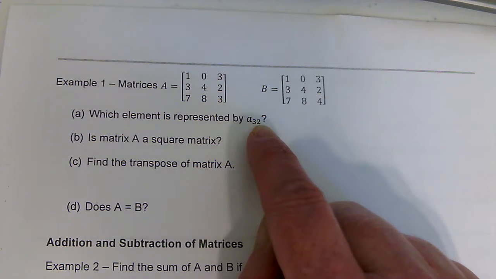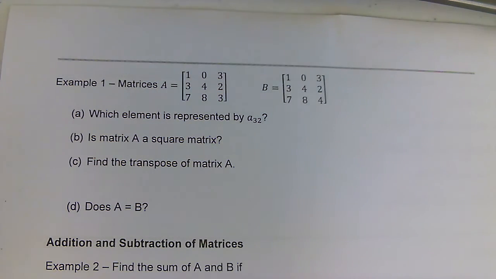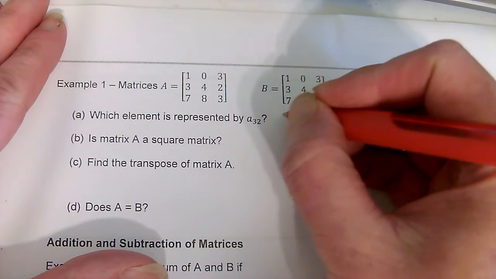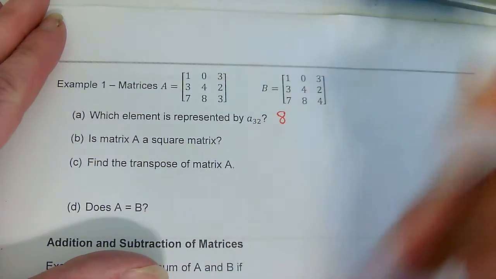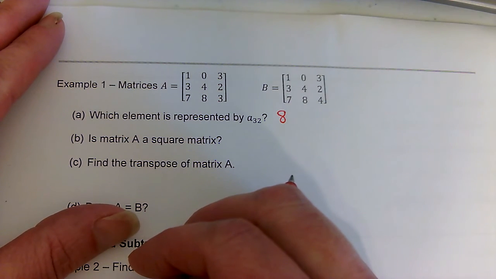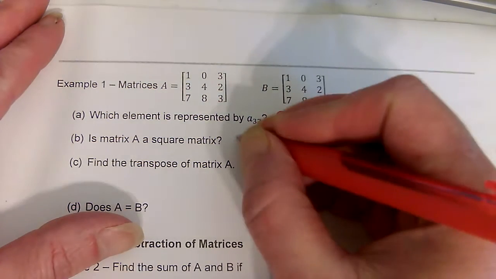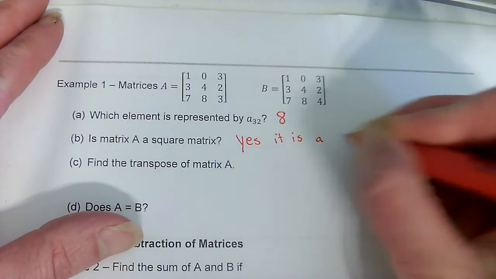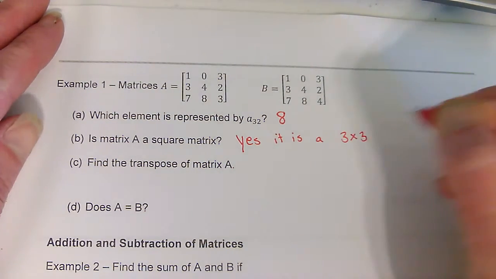Row first, column second. So row 3, column 2 would be 8. Is matrix A a square matrix? Yes. It is a 3 by 3.